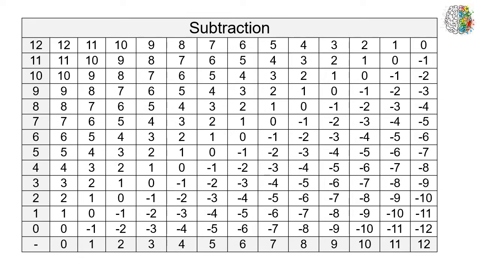So if the first number is bigger than the number you're subtracting, your answer is going to be positive. If the number is smaller and you're going to subtract a bigger number, your answer is going to be negative. But you'll also notice that with this whole table, you're just going to decrease everything by 1.